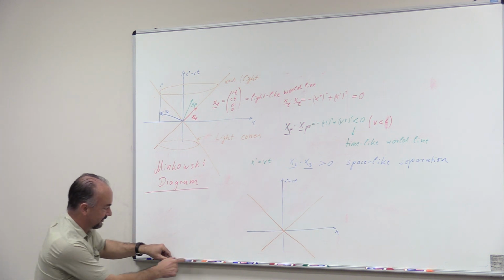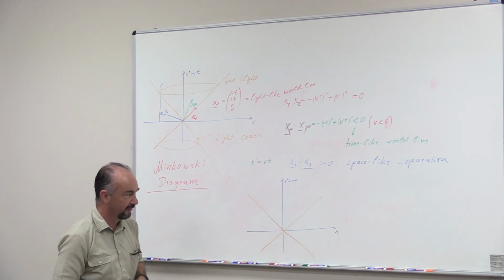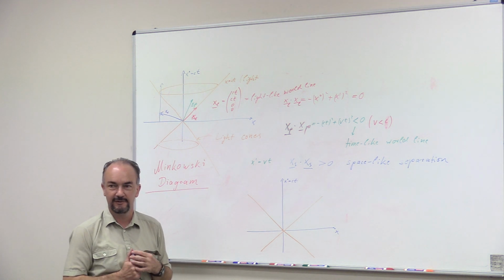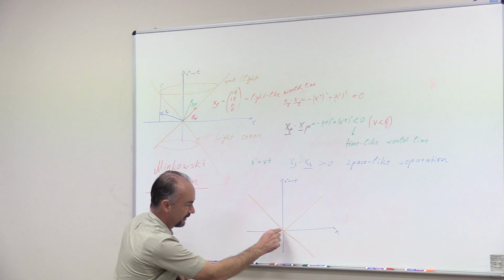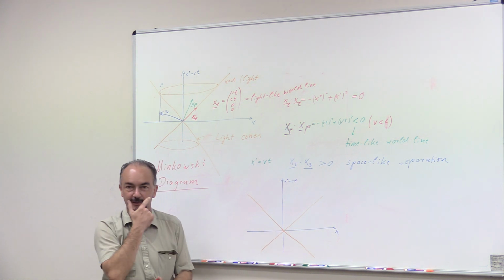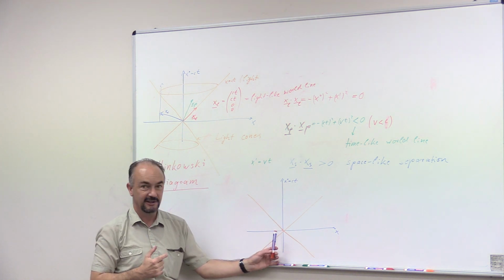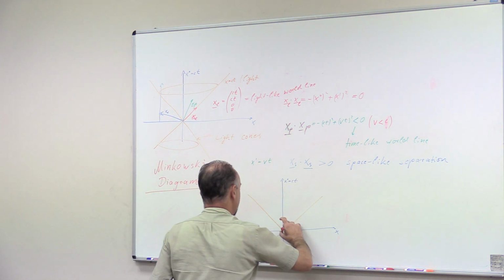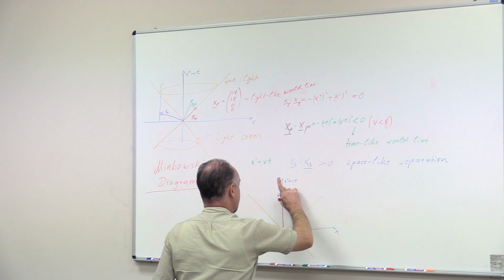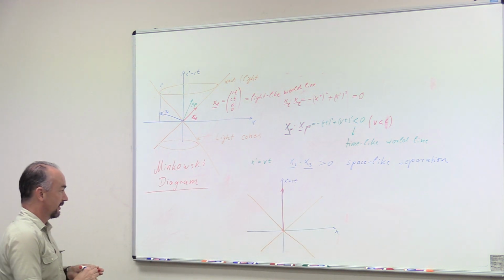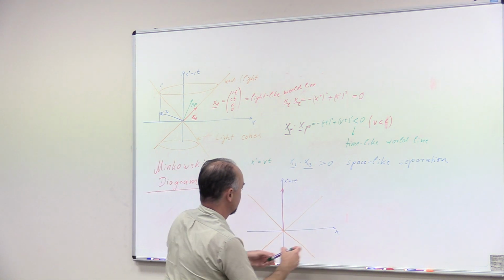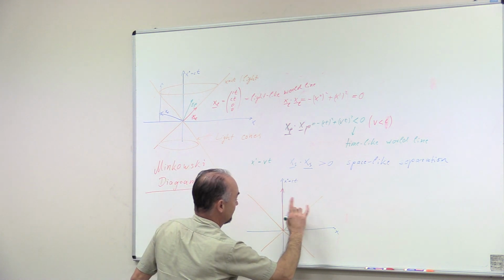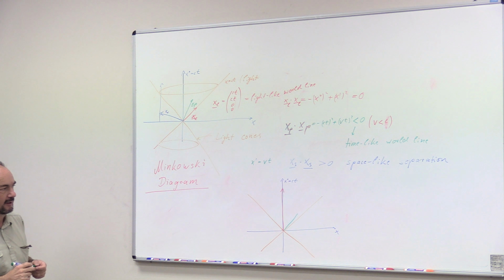So if we have one of the twins staying on Earth, where will we go in this diagram then? Let's say x equals 0 is Earth. So where does he go if he just stays on Earth? Just straight up, exactly. Straight up. So this is our twin A. And then we have twin B traveling obviously with less than the speed of light, going this way.